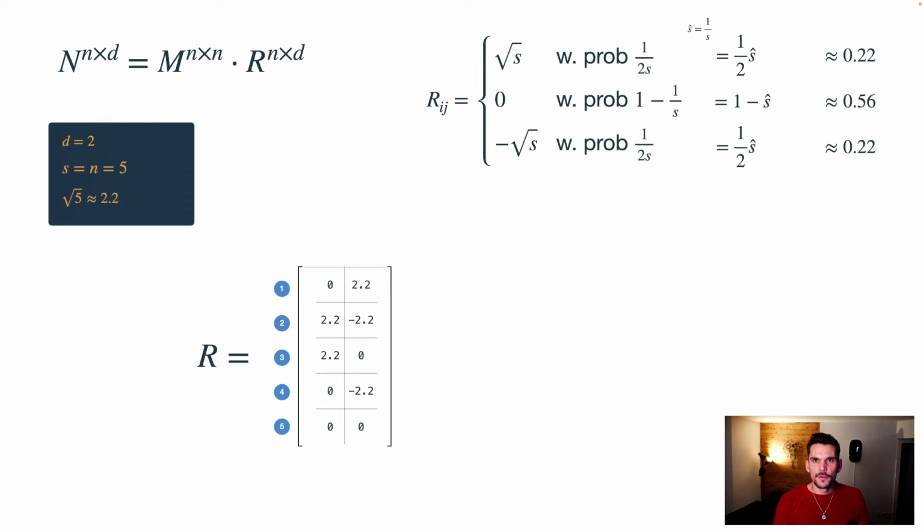Okay, the interesting question now is what happens when we apply this random projection matrix to our k-step transition matrix.